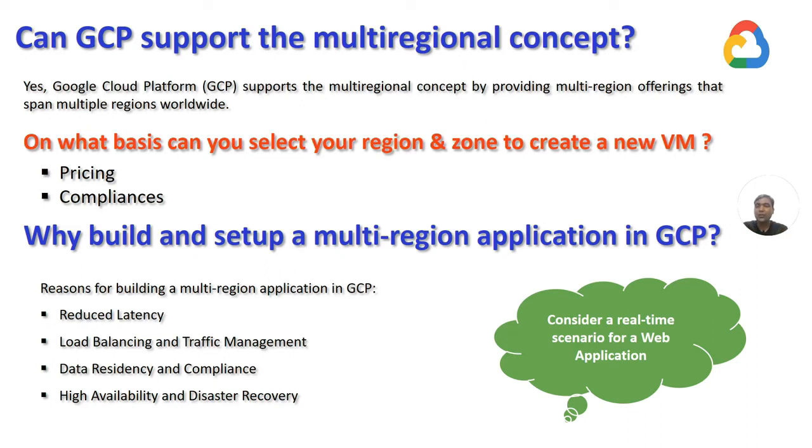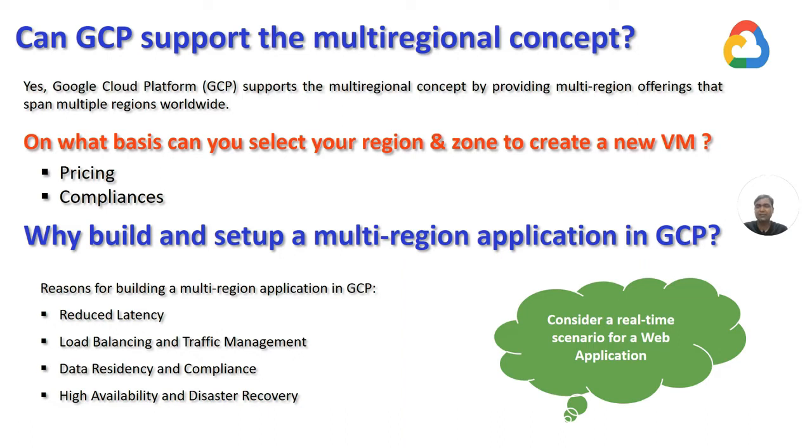And guys, load balancing and traffic management. With the multi-region setup, you can utilize the GCP load balancing and traffic management capabilities by distributing incoming requests across multiple regions. You can balance the workload and ensure optimal resource utilization.